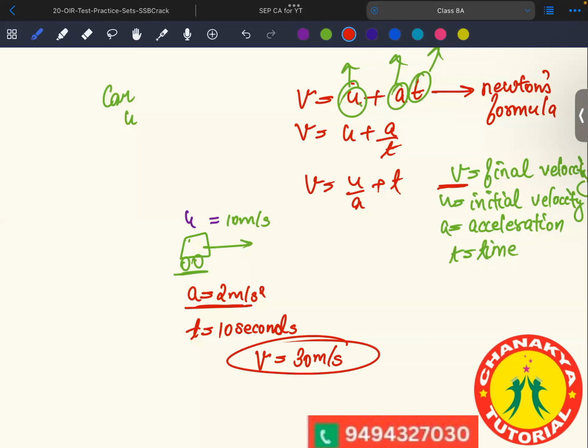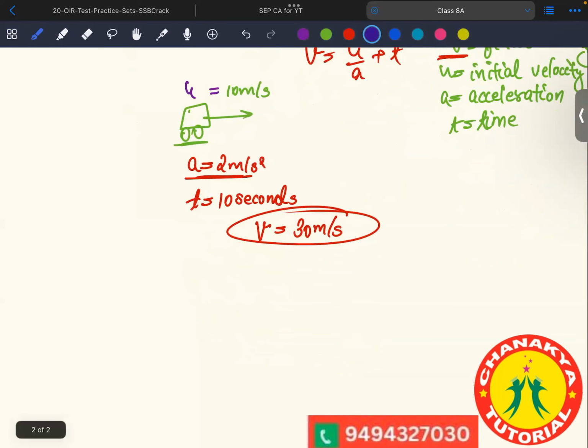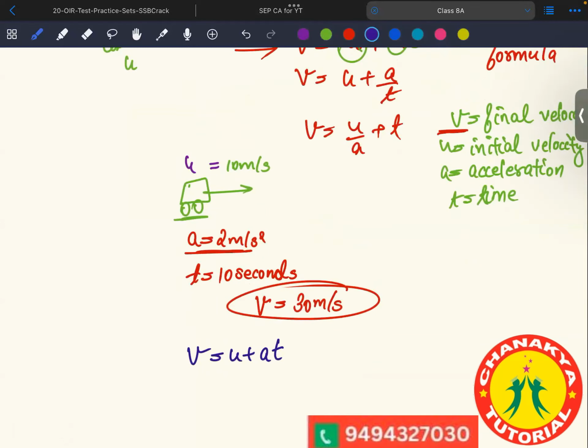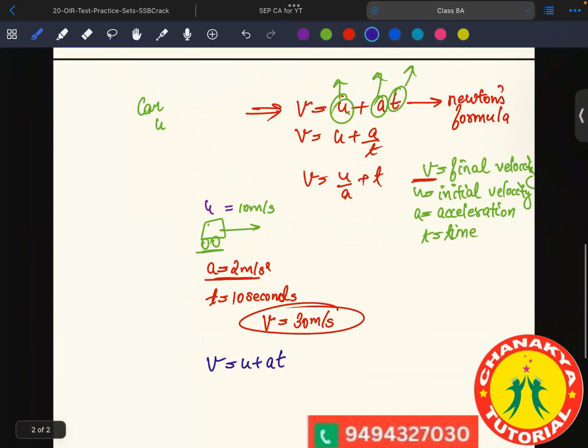It gives you 30 meter per second. Likewise, you use this formula and put values in this formula. If you put your values, v equal to u plus at, and you put u as 10, a as 2, t as 10, and you get 30 meter per second.